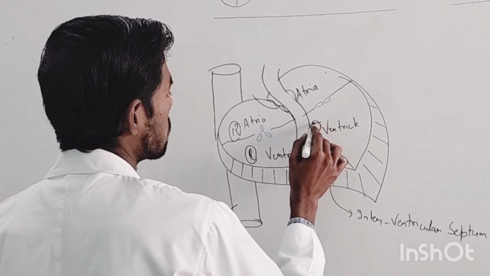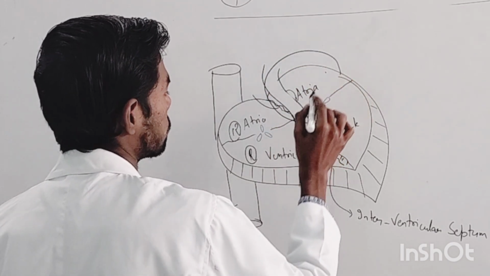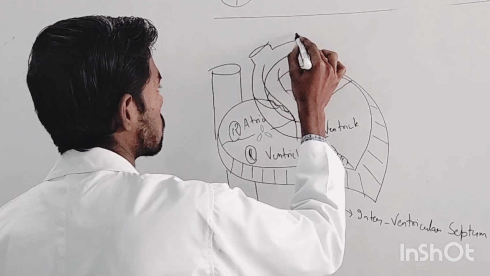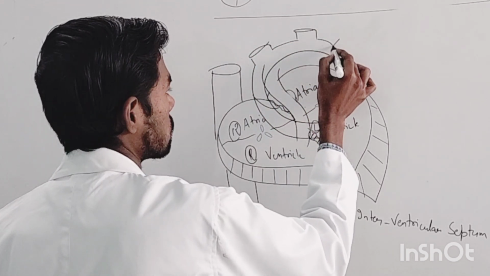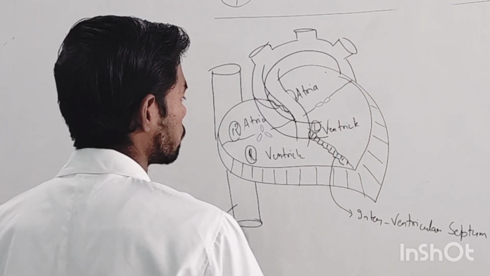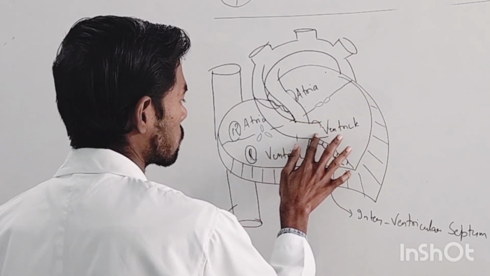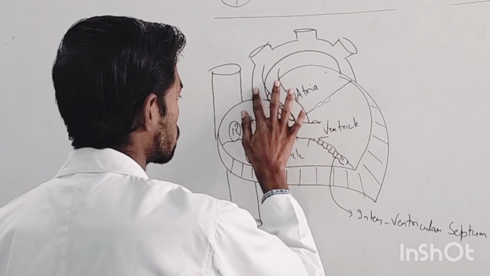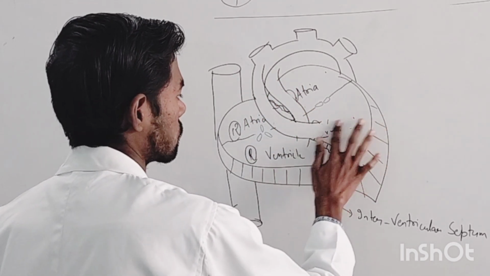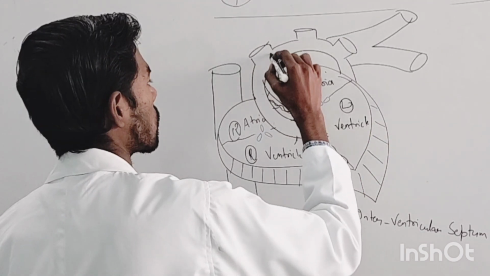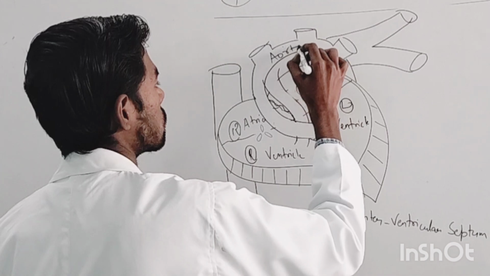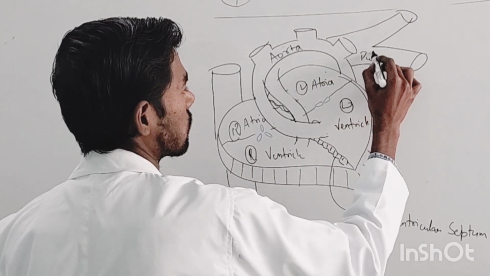And from the left ventricle, there is the aorta coming out. This is called the aorta, and this is the pulmonary artery.